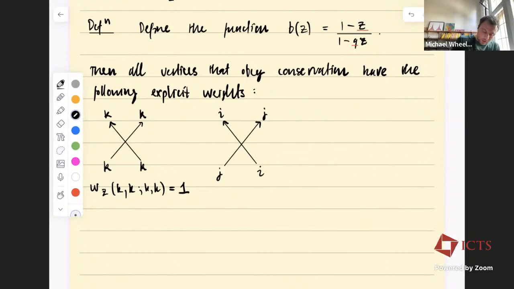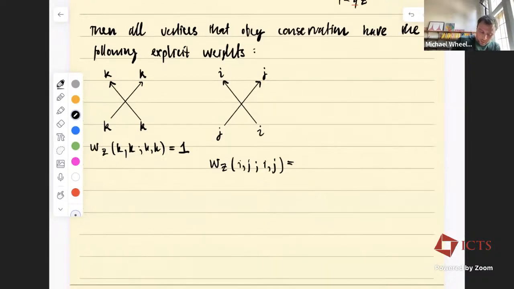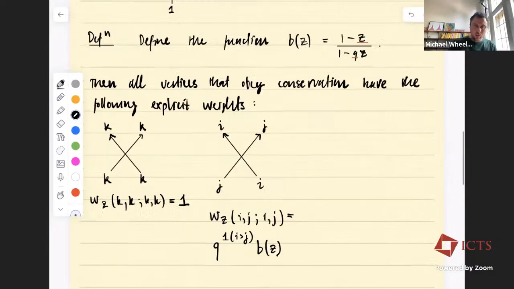So in this case, I'll write W of z, i, j, and that's going to be equal to the following function. It's going to be u to indicate a function that i is greater than j, times b of z. So that's this b of z that I introduced just above.